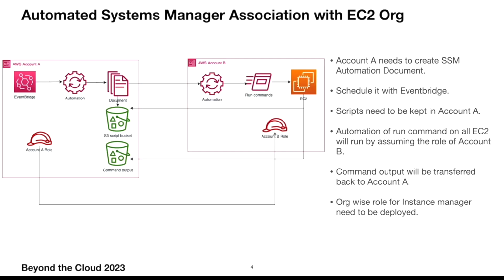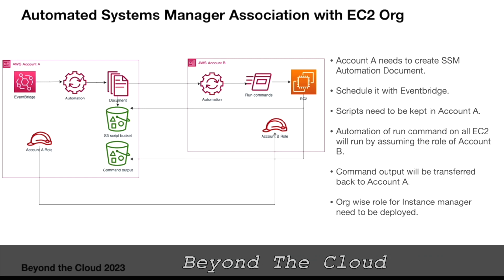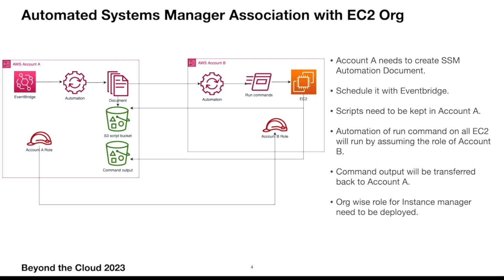I will give an overview in this slide about how it works in an organization. As I said, suppose I have two accounts, account A and account B. Account A is my master account, wherein the automation document will be created, and account B is where I have the EC2 instances. Suppose 4 or multiple EC2 instances are there where I want to run the command.